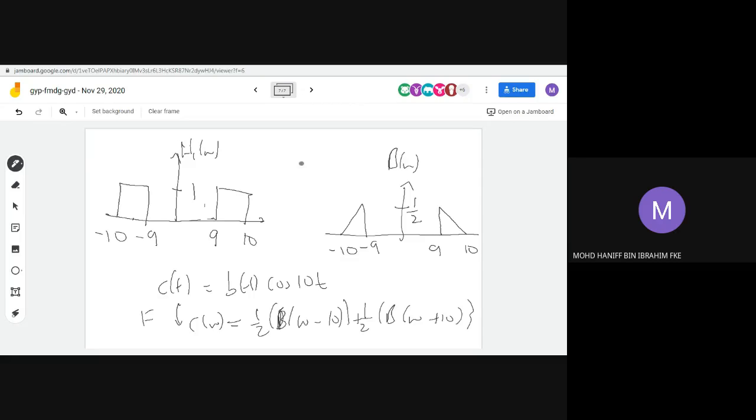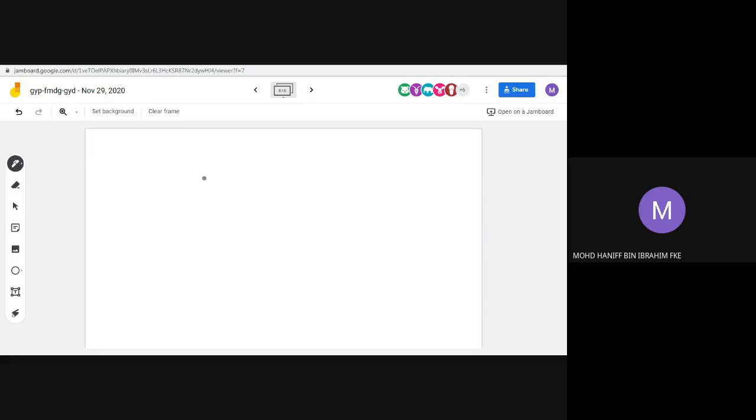Based on B(ω) shifted by 10 units to the left and to the right, C(ω) will be composed of 4 different signals, which if we can sketch it, your C(ω), I think I need to make it longer for this part.